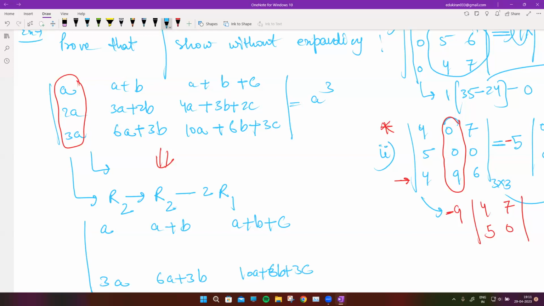Row 2 changes with this rule, R2 minus 2R1. So it becomes 2A minus twice of A, which is 0. And similarly, 2A plus 3B, minus 2 times of A plus B, which can be solved to B, right? And similarly, we will apply this rule here as well. So this will become 2A plus B. Yeah, 2A plus B.